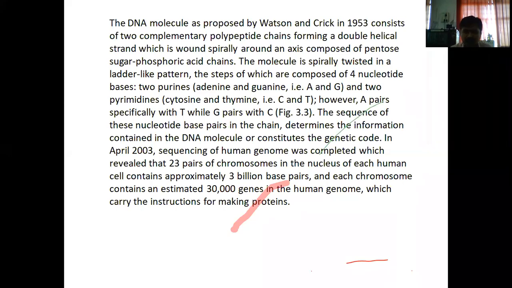However, A pairs specifically with T while G pairs with C. The sequence of these nucleotide base pairs in the chain determines the information contained in the DNA molecule, or constitutes the genetic code.